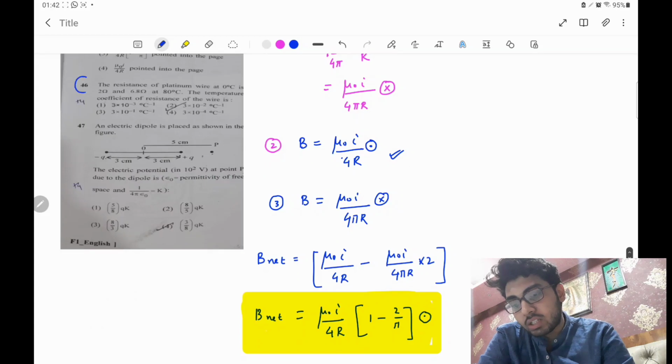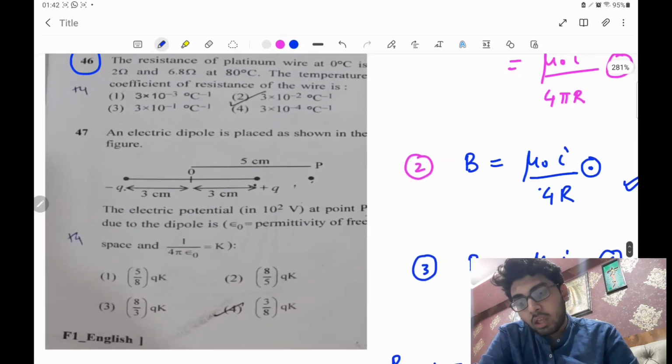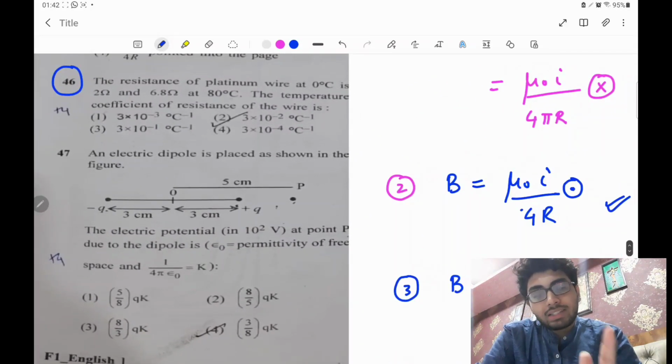Question number 46. Question number 46 is saying that the resistance of a platinum wire at 0 degree Celsius is 2 ohm and 6.8 ohm at 80 degrees Celsius.